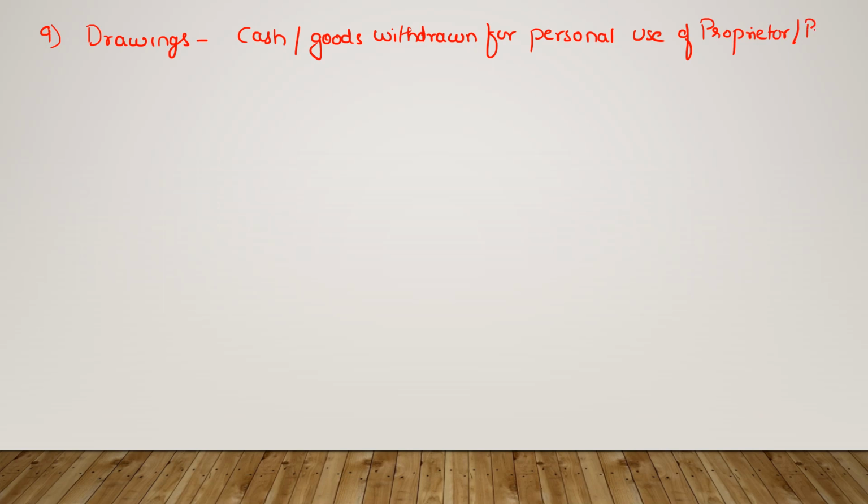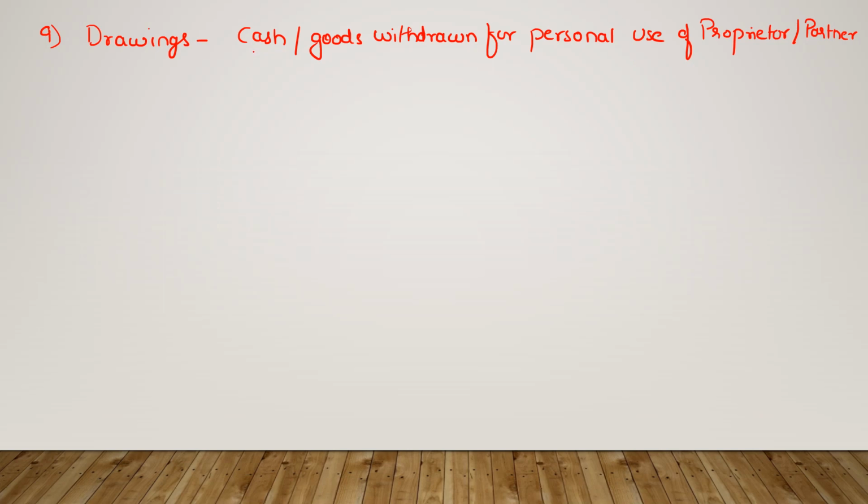So what is drawings? The cash or the goods which are withdrawn for personal use of the business person. It can be a proprietor in case it is a proprietary concern, or in case of a partnership firm, it is a partner.